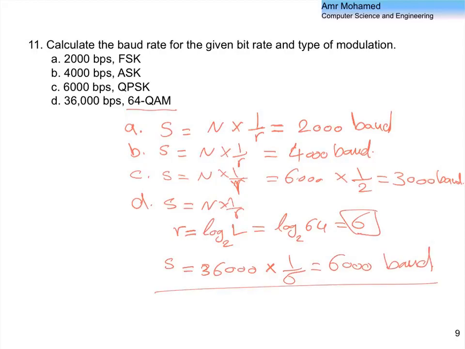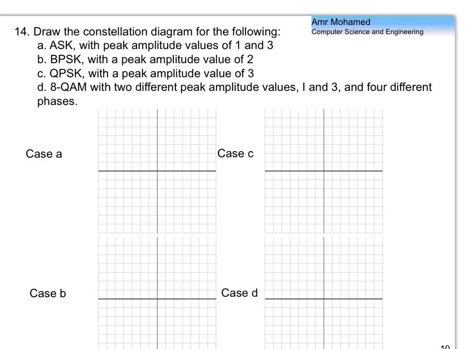Okay, next exercise. Draw the constellation diagram for the following. For ASK with peak amplitude values of 1 and 3. Remember that for the constellation diagram, each signal representation is represented by 1 single dot in the IQ diagram. This is the I component, the in-phase, and this is the Q component, the quadrature phase.